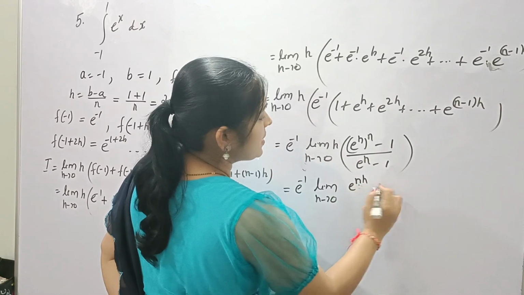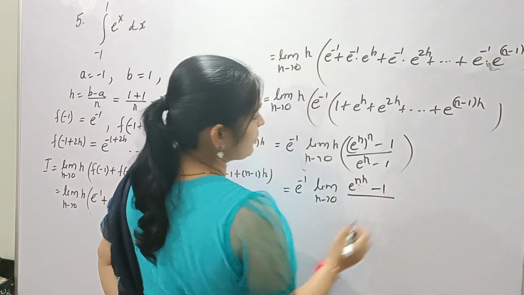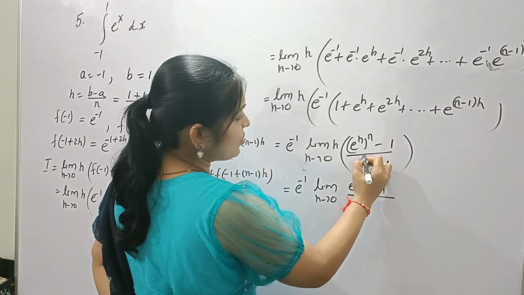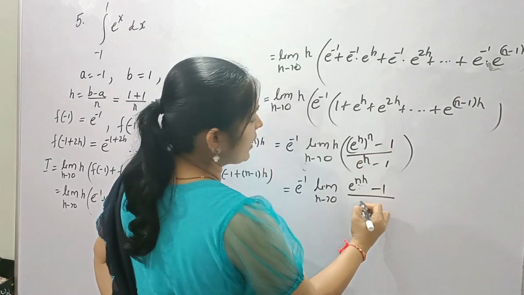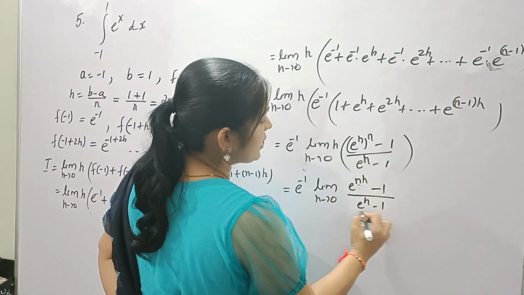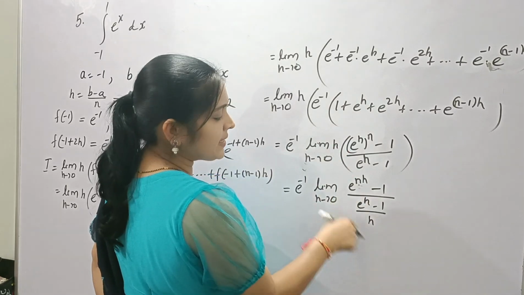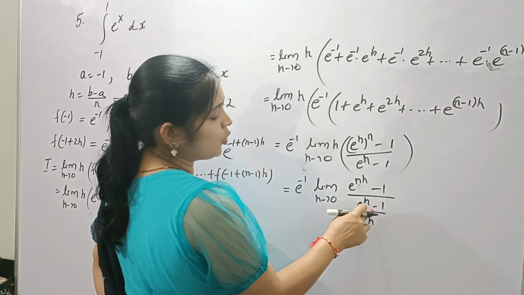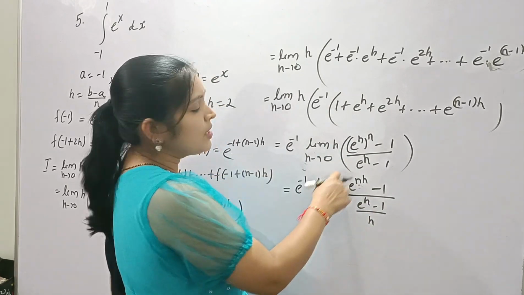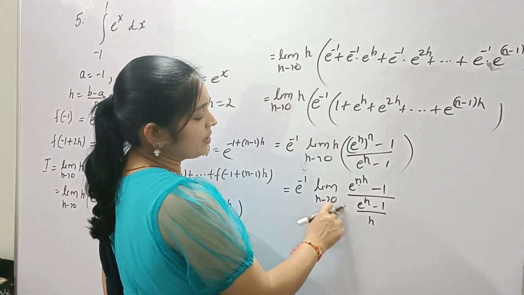E raised to nh minus 1 divided by e raised to h minus 1 divided by h. I have written this h here. That is the same value. So here this denominator of denominator comes to numerator, right? So that we can apply the limit.